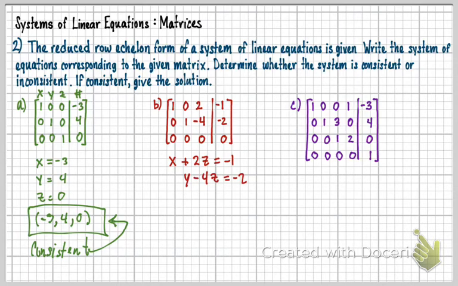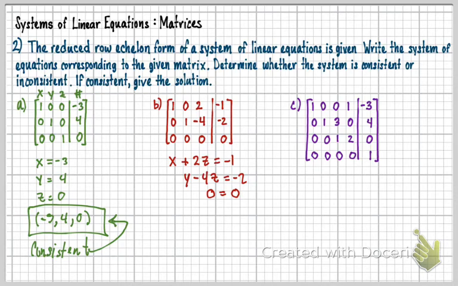And then for the third equation, I get 0 equals 0, because it's 0x plus 0y plus 0z, which is 0, equals 0. One thing to notice here, this is a true statement. 0 does equal 0. But we'll talk about that in a minute.